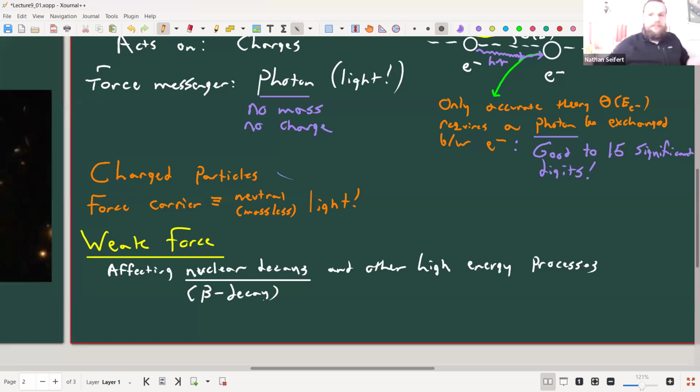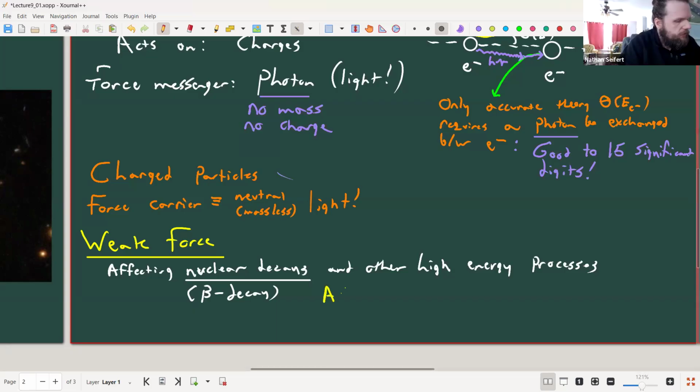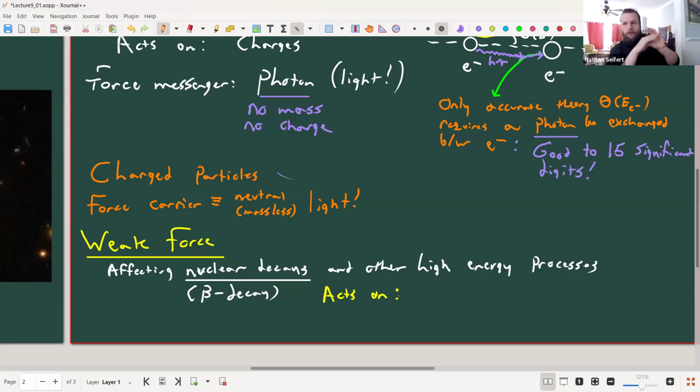All right, and so you have to ask again the question, what does the weak force act on, and what carries it? You ask the question, what does it act on? Right, and it turns out that it acts on a very specific type of particle.